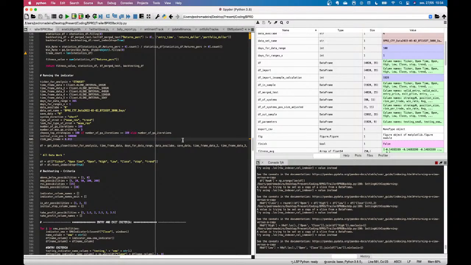What is over optimization? In a quick way, over optimization is when you take a data set and you optimize the indicators to fit it perfectly, so that you get the best trading system for that specific data that you have.